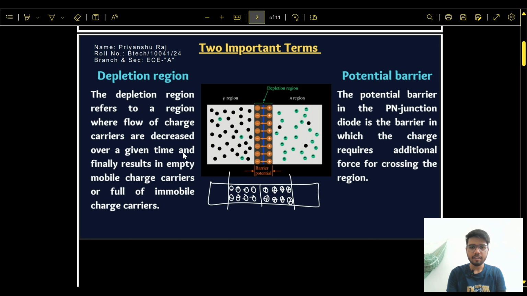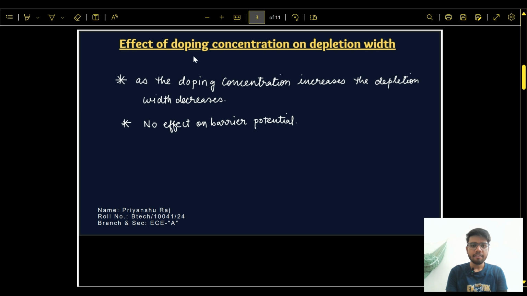Also, we can see in the diagram, this is the depletion region, whereas this is the potential barrier or the barrier potential. In the next slide, the effect of doping concentration on depletion width. What is the effect of doping on the width of the depletion region?